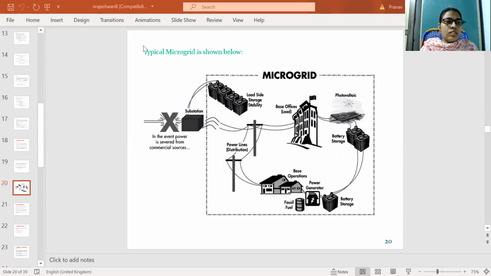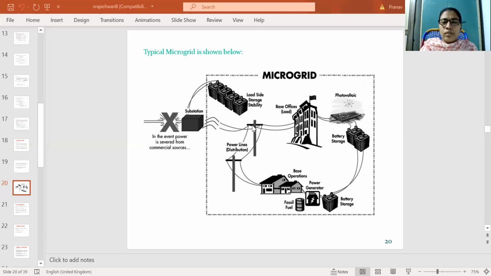So this is a typical microgrid picture. This is the extent of power served from the commercial sources. This is the small substation of the microgrid, connected to the load side storage stability batteries, and directly connected to the transmission power lines and distribution power lines.